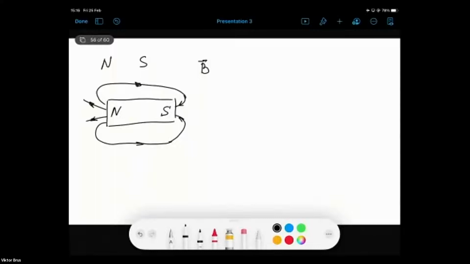And so we have something also like this.